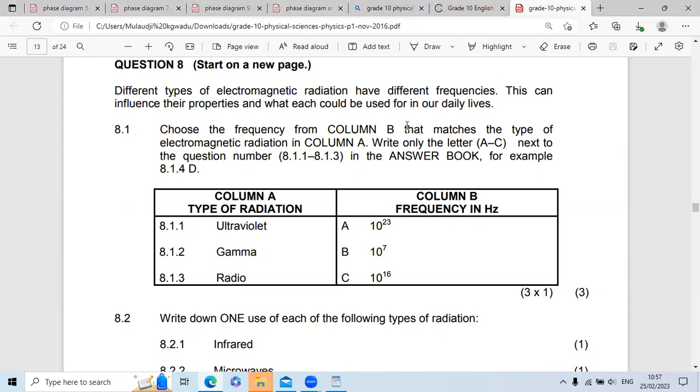Is ultraviolet C? Yeah, ultraviolet is C. And can you try gamma? Is gamma A? Yes, gamma is A.